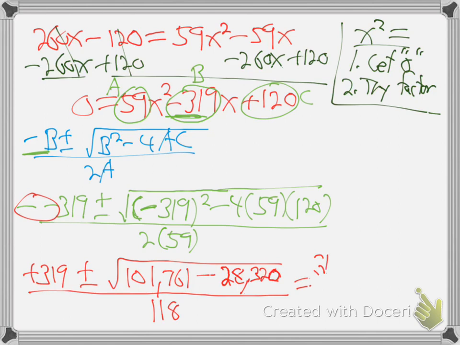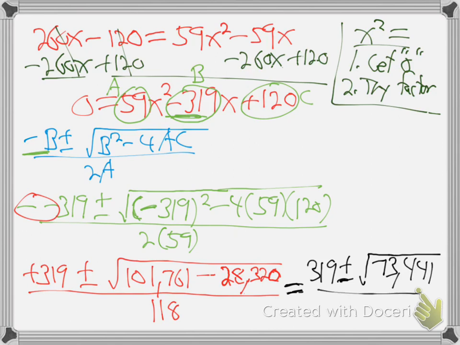So this is the longest problem we've done in the course, maybe. Let's see, I'm interested to see if we can solve it here. 319 plus or minus the square root. So 101,761 minus 28,320 equals 73,441.